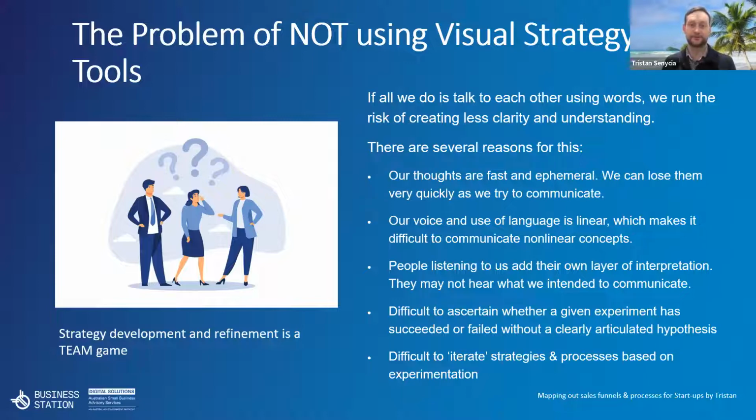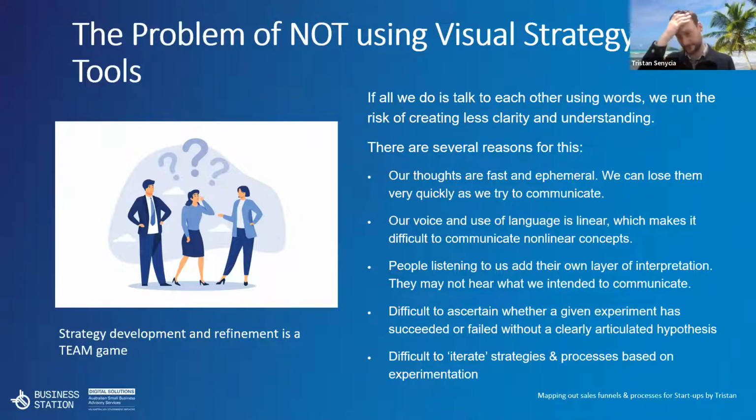And then there's the non-linearity of some of the concepts we're trying to convey. And then, it reduces the risk of misinterpretation, and people not hearing what the actual process is or being able to pass the information, and various other things. And it also makes it very difficult to iterate processes and strategies based on experimentation.